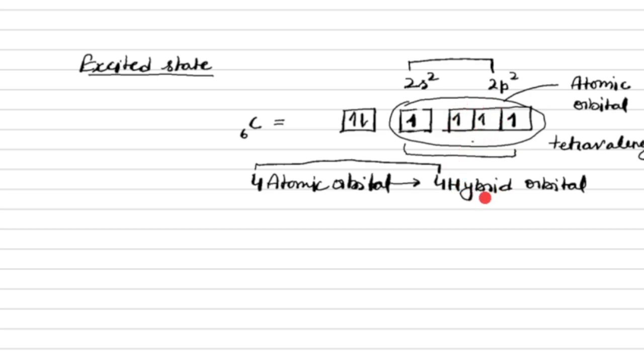Think about it: s and p, 1, 2, 3. So that is what we will get: sp3. These are hybrid orbitals. First sp3, second sp3, third sp3, and fourth sp3. Four hybrid orbitals in front of you, and they will make bonds.